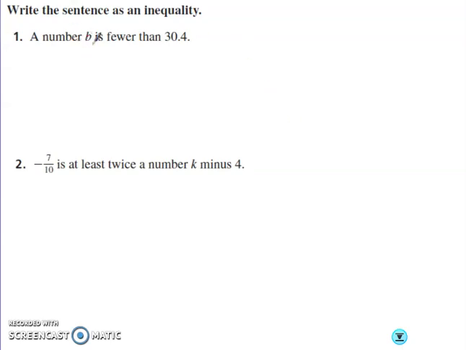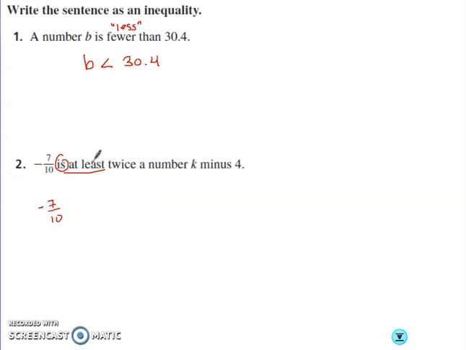In number 1, we have an unknown number b is fewer, or in other words, is less than 30.4. So b is less than 30.4. It cannot equal 30.4. It strictly is less than 30.4. Number 2, negative 7 over 10 is at least twice a number k minus 4.